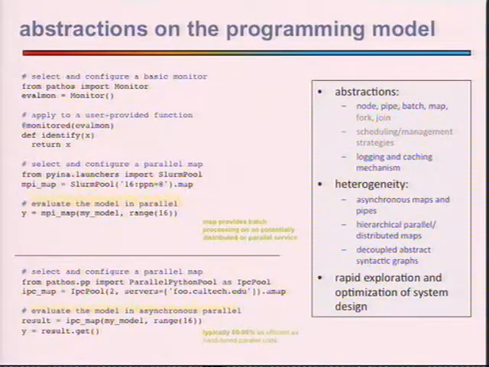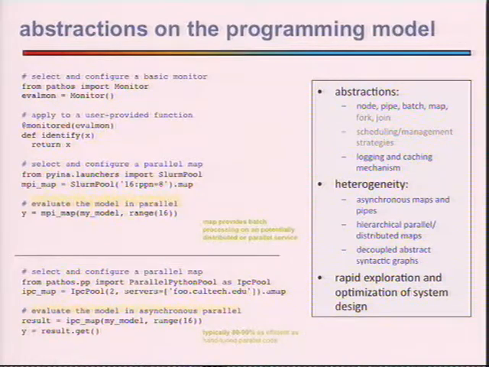So the abstractions in the programming model, as I was talking about, is basically, there's MPI map, my model of something, so that'll run on Slurm in that case. So it's configure a pool, get a map, and run on a map. And then the same thing with sockets, where I'm running over some machines, and you can mix these together.